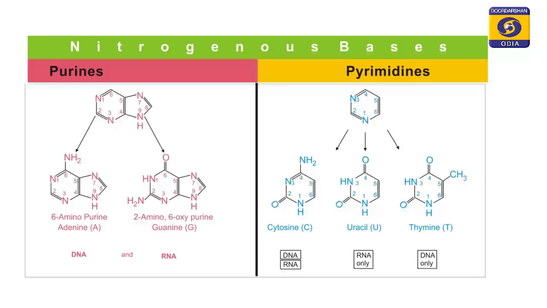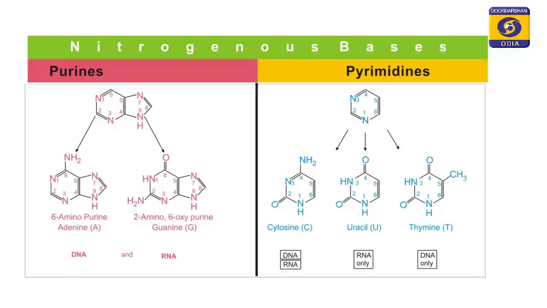Purines are double ring structures, pyrimidines are single ring structures. They are nitrogenous bases, or simply called bases, because the nitrogen present in the purine ring or pyrimidine ring, because of their lone pair of electrons, behave like bases. That is why these nitrogenous bases are called bases.